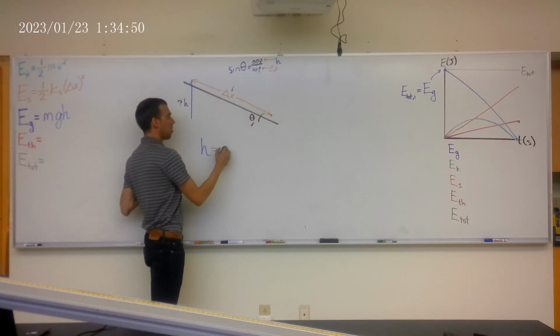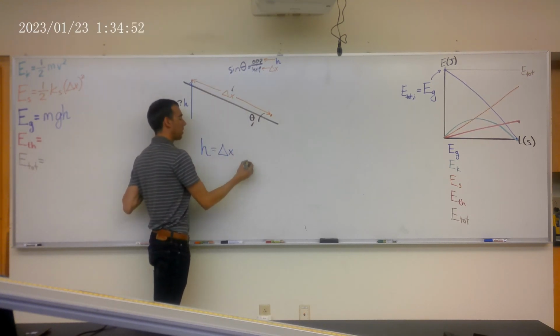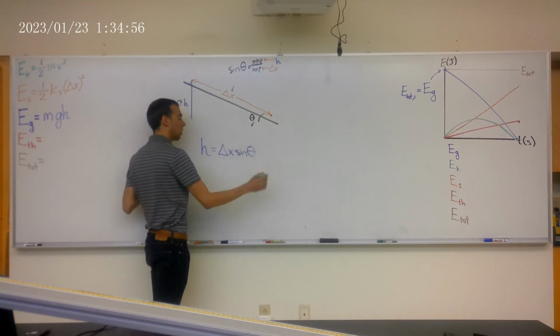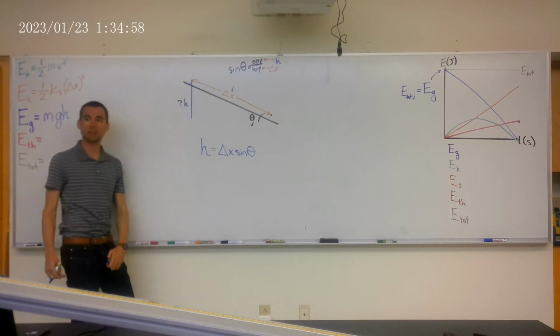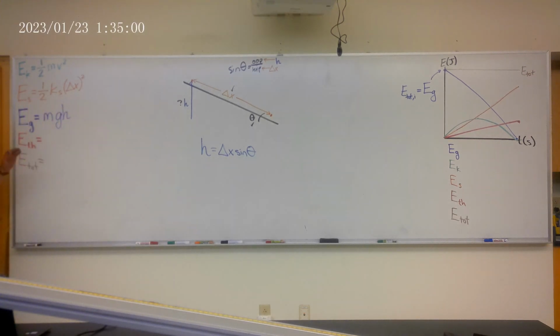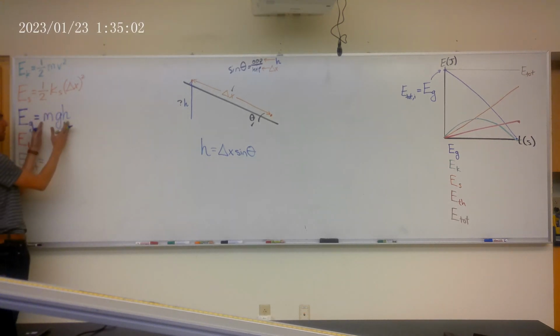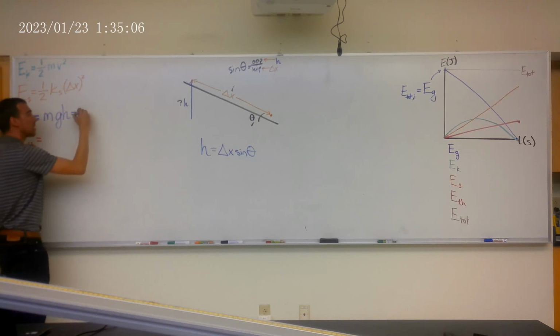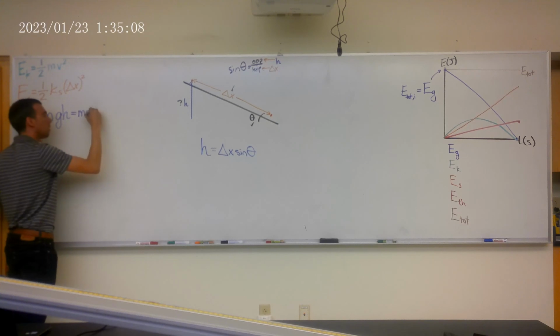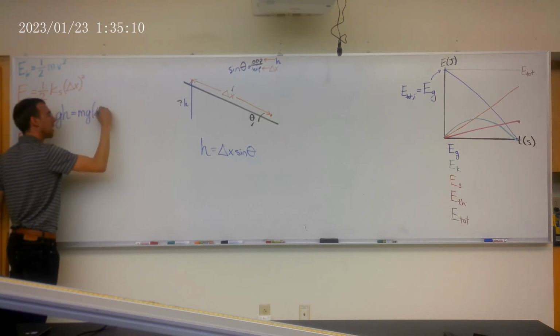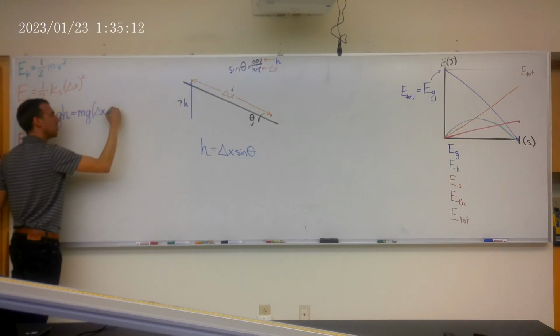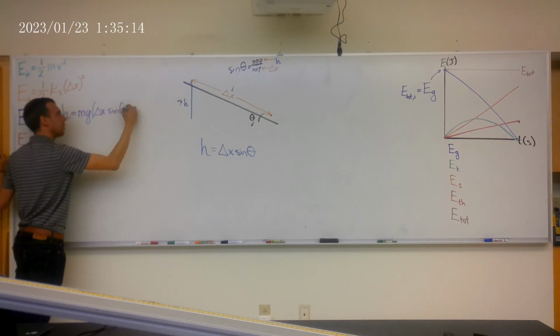To just get h alone, we should be able to use a formula that says delta x times sine theta. That should tell us the height of the triangle. So Autumn got us started by saying m times g times h, but really when we go into Microsoft Excel, we'll need to do m times g times our position times our sine theta.